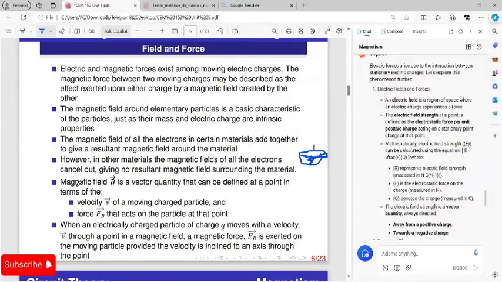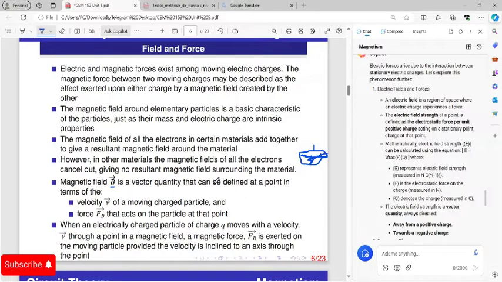And also he said the magnetic field of this magnitude is a vector quantity that can be defined at a point in terms of the velocity of the moving charges, and the force that acts on the particle.